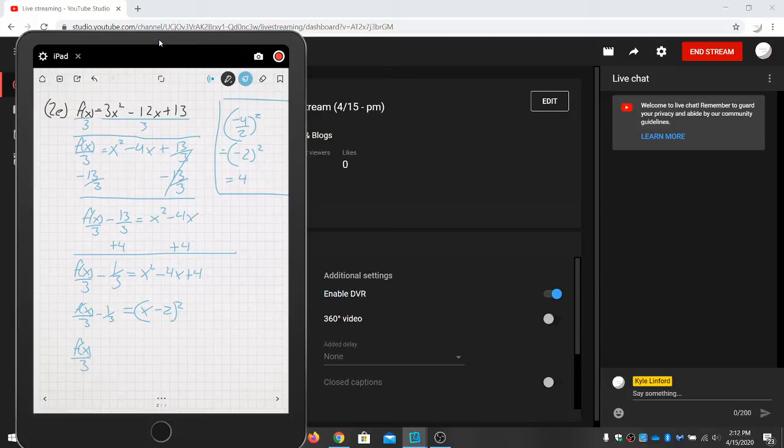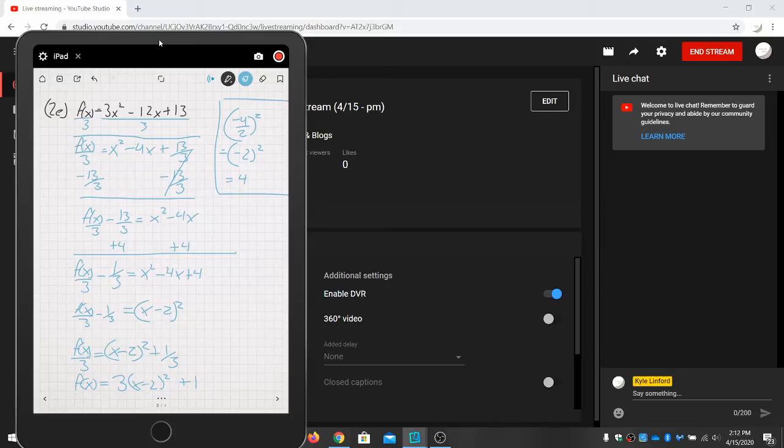I'm going to add the 1/3 to both sides, so we get x minus 2 squared plus 1/3. And then let's multiply both sides by 3. So we get f of x is equal to 3 times x minus 2 squared plus 1.